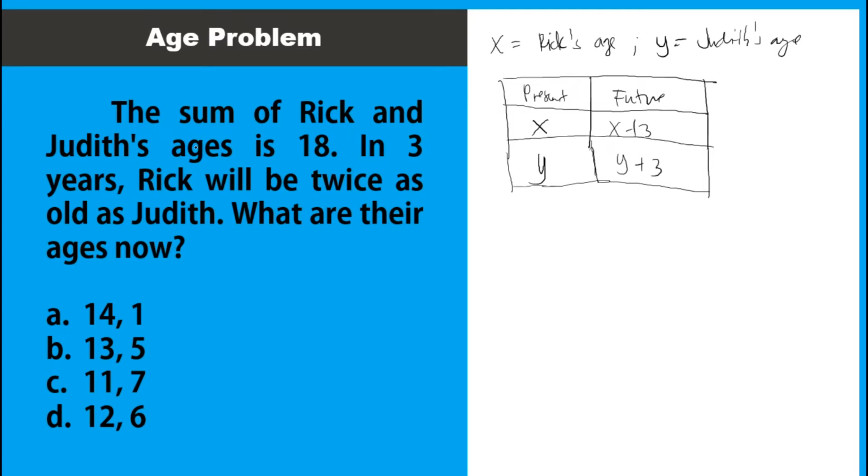Let's use the first statement: the sum of Rick and Judith's ages is 18, meaning X plus Y equals 18.